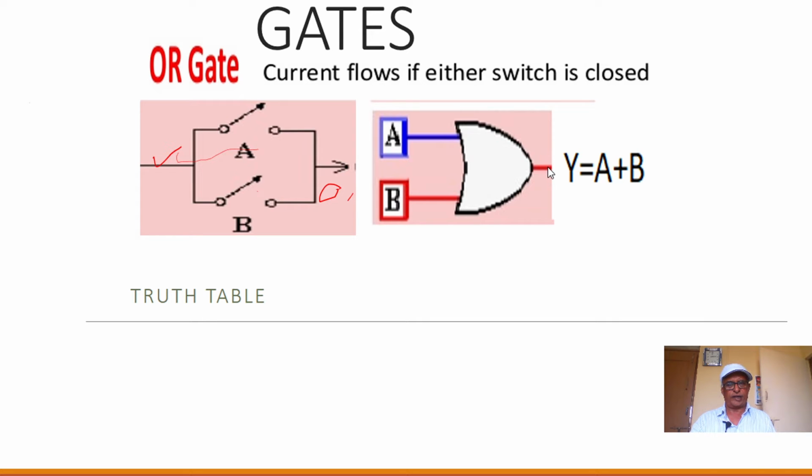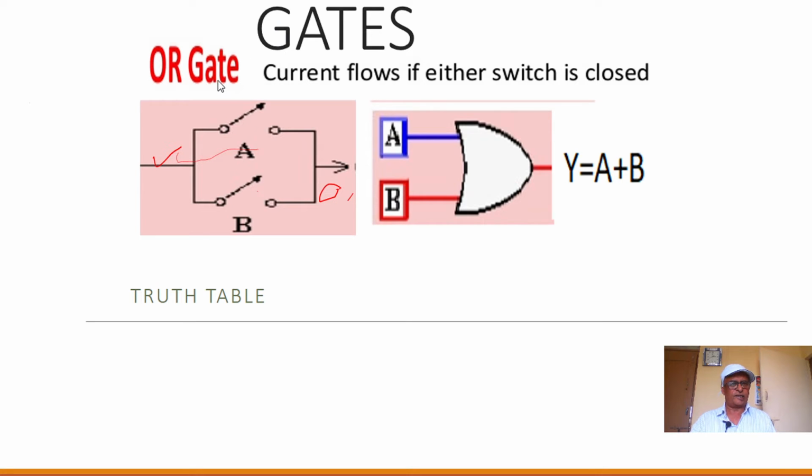The output is taken at the arrowhead. Now the output Y is equal to A plus B if we read it in mathematics, but in Boolean expression the output is A OR B. So A OR B is the output of the logic gate, and this is the symbol. The simple circuit can illustrate how this logic gate works.